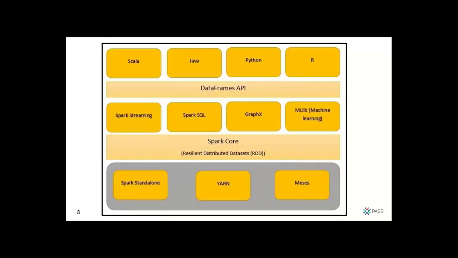YARN allows you to dynamically share and centrally configure the same pool of cluster resources between all frameworks that run on YARN. And Mesos, as a distributed systems kernel, has high availability for master and slave architecture. It can run Spark applications in parallel with Docker-based systems and other Hadoop-based MapReduce jobs.